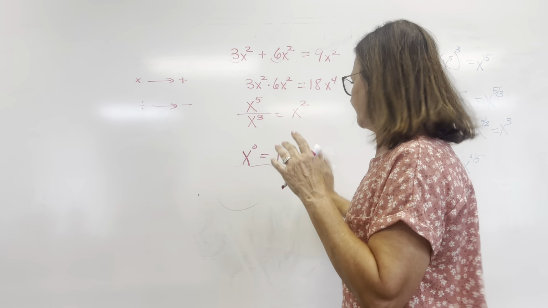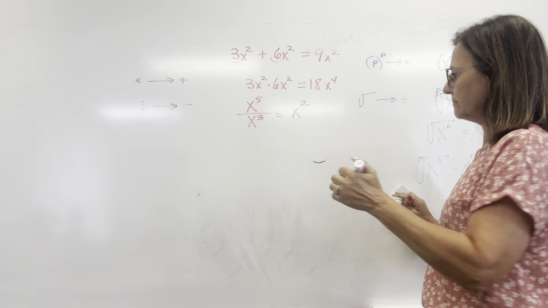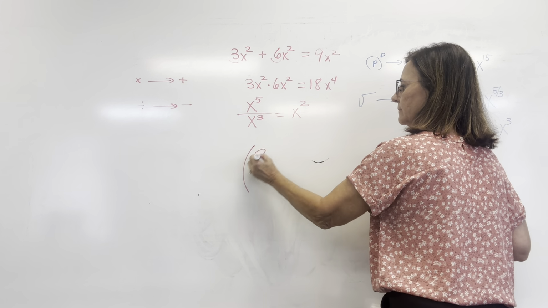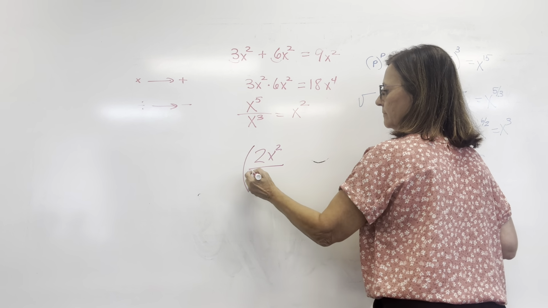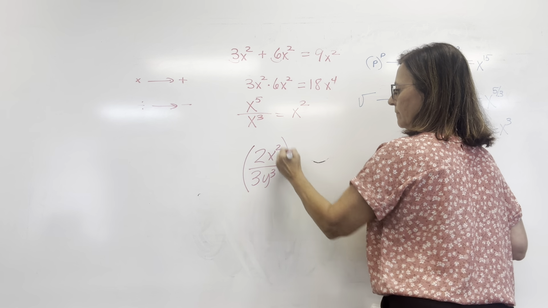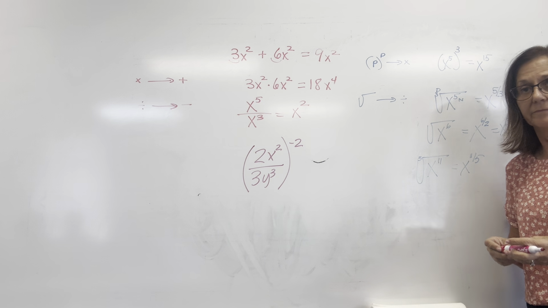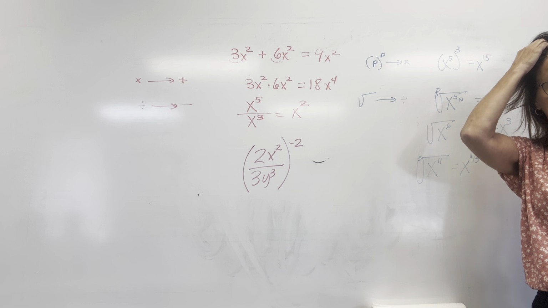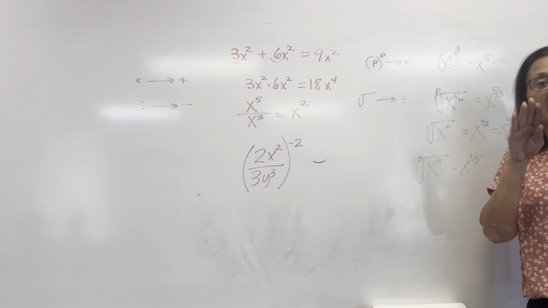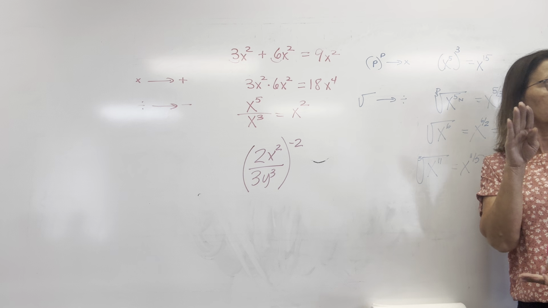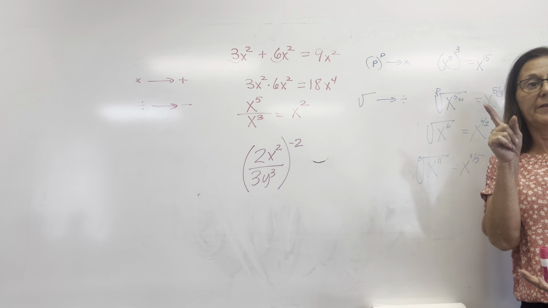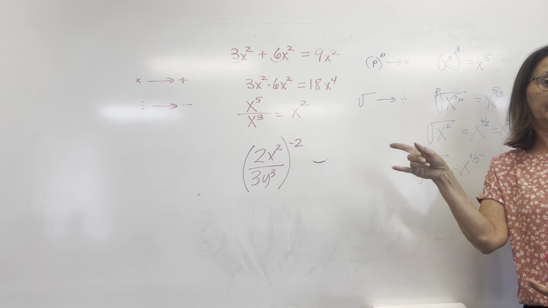Okay, one more thing. What if I have something like that? Normally, if I have a negative, I move it to the denominator and put 1 in the numerator, but it's a fraction.